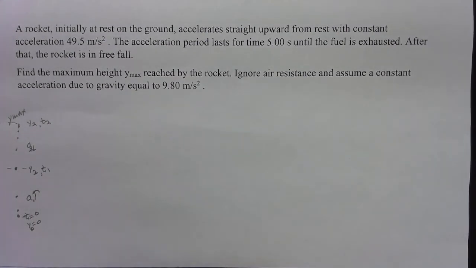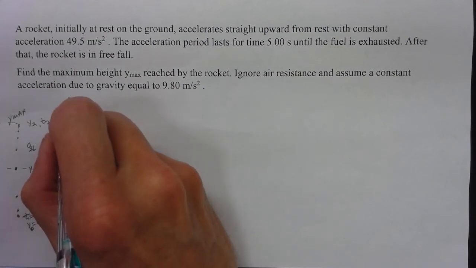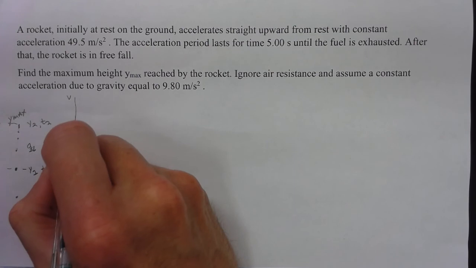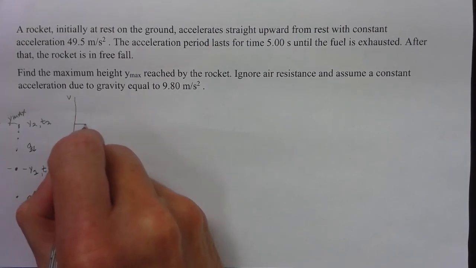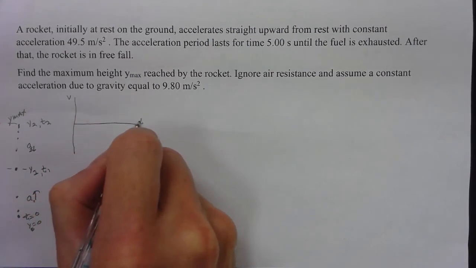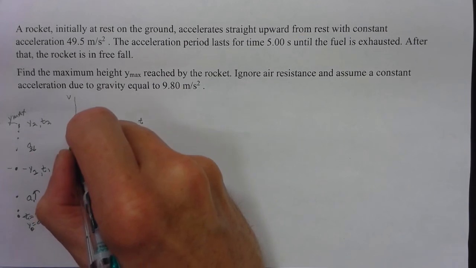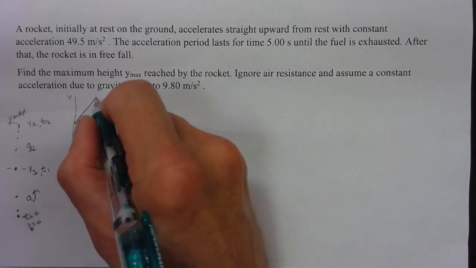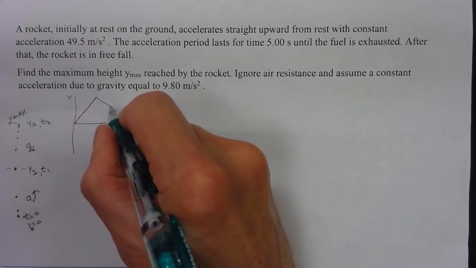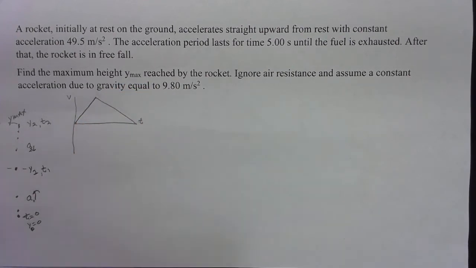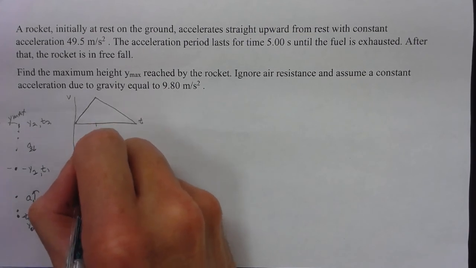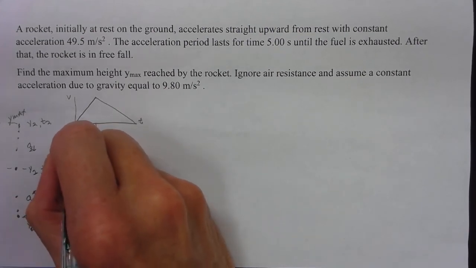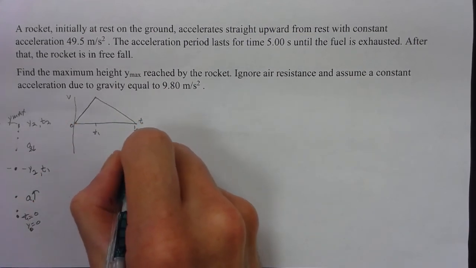Now the way this graph might look, if I did a velocity graph, it's going to be easiest to draw. So it's going to start at rest, accelerate upward pretty rapidly, and then decelerate to 0. So this is my time 0, time 1, time 2.